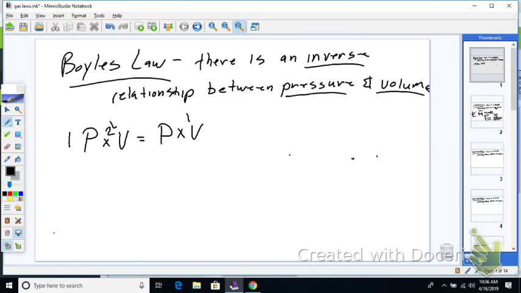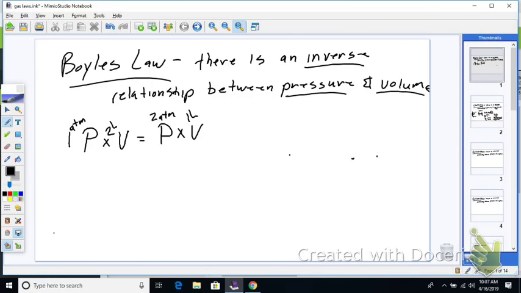So let's say this is 2 liters. Reduce it to 1 liter. And the pressure, let's say, is 1 atmosphere. What's the new pressure going to be? 2, because they have to equal one another, right? So 1 times 2 is 2. 1 times what has to give you 2? And of course, that would be 2 atmospheres.